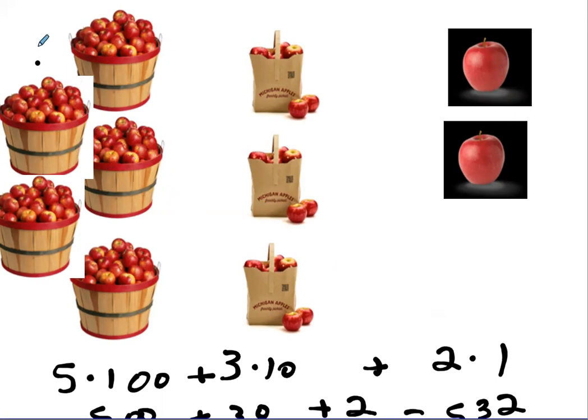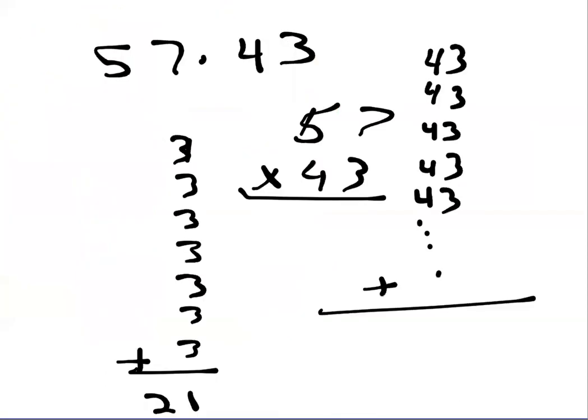But as we've talked about before, we're not just interested in whole numbers. We need to be able to handle fractions and decimals and variables, right? Values that we don't even know their size. And so that's where we look at something more like this.